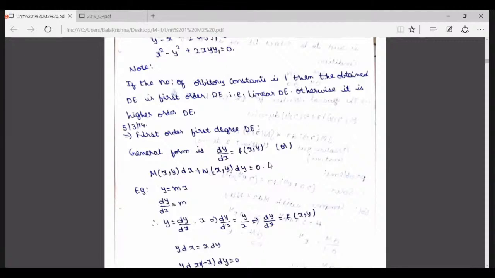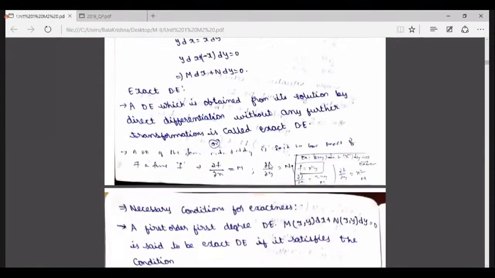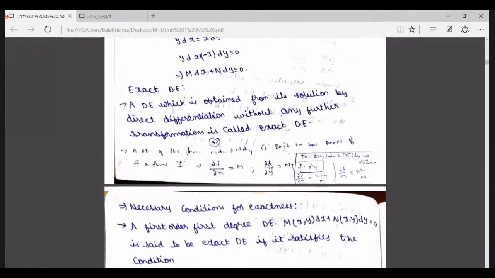So it may be any one of these forms, either dy by dx is equal to f of x comma y, or M dx plus N dy equal to 0, right? Now, exact: our problems are related to exact differential equations.